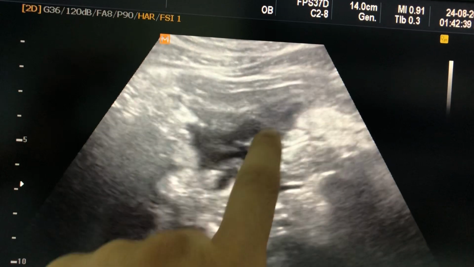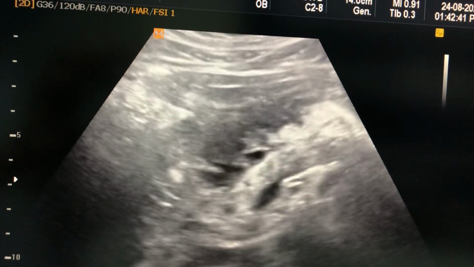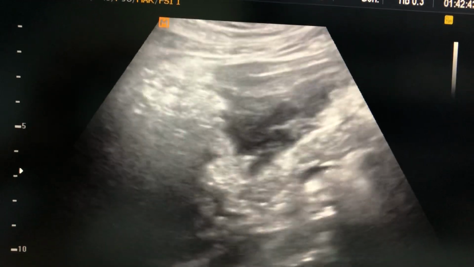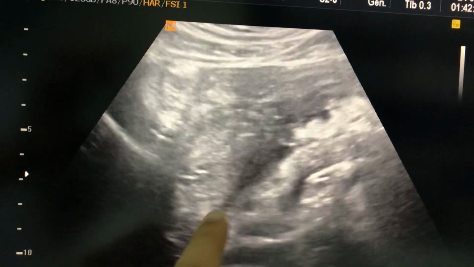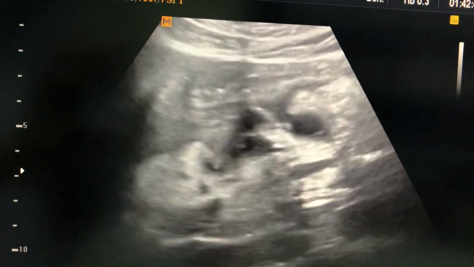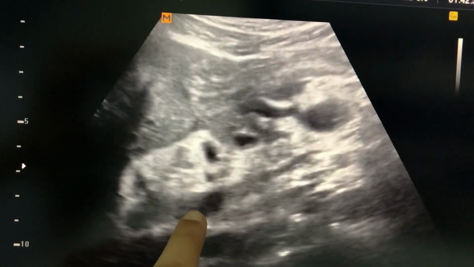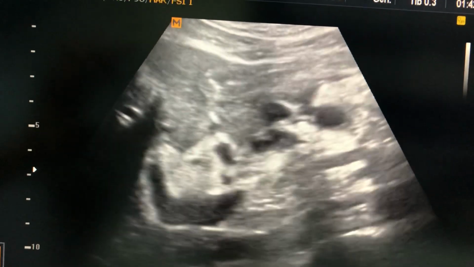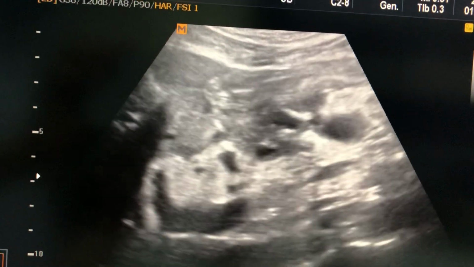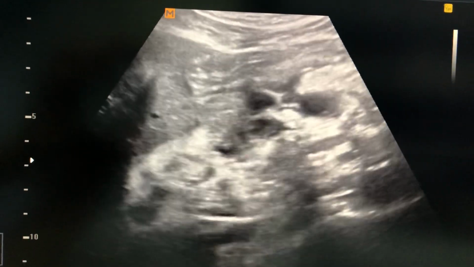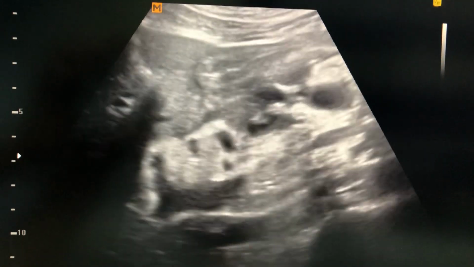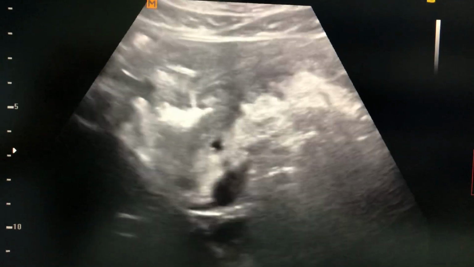Here, this is the peripancreatic space anterior to the pancreatic head, and there is soft tissue inflammation. Here, this is the portal vein, and above the portal vein this area is showing hyperechoic texture. It is due to inflammatory changes of the soft tissue.